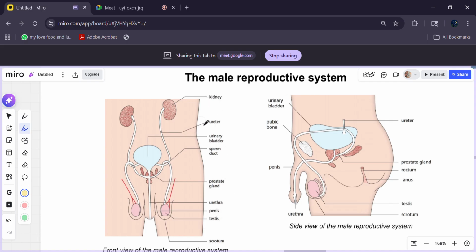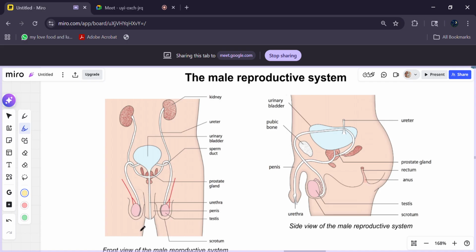Many of these organs are also in the urinary system, the waste system, and they both help in the functions of fertilization. Now I'm going to explain which ones.